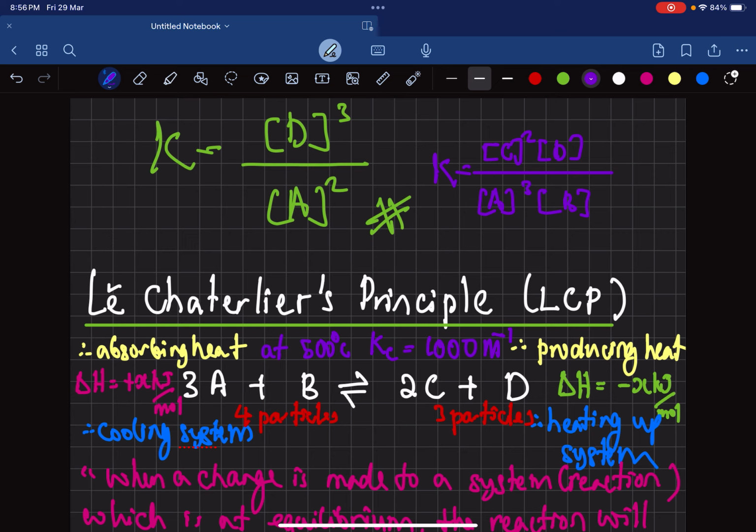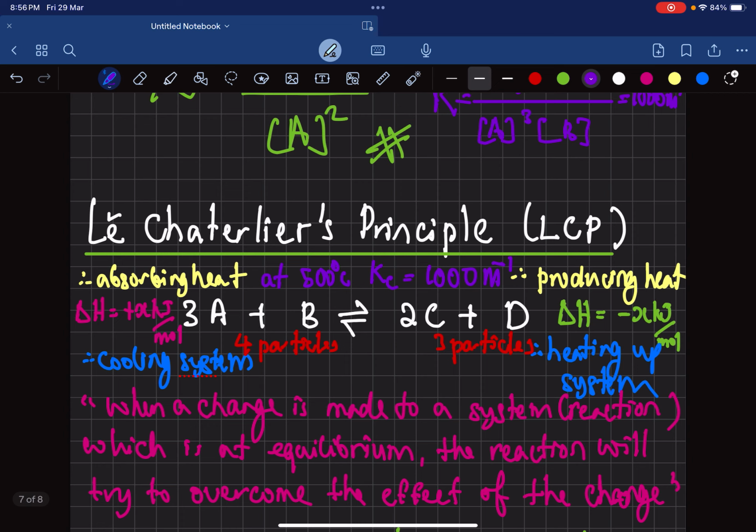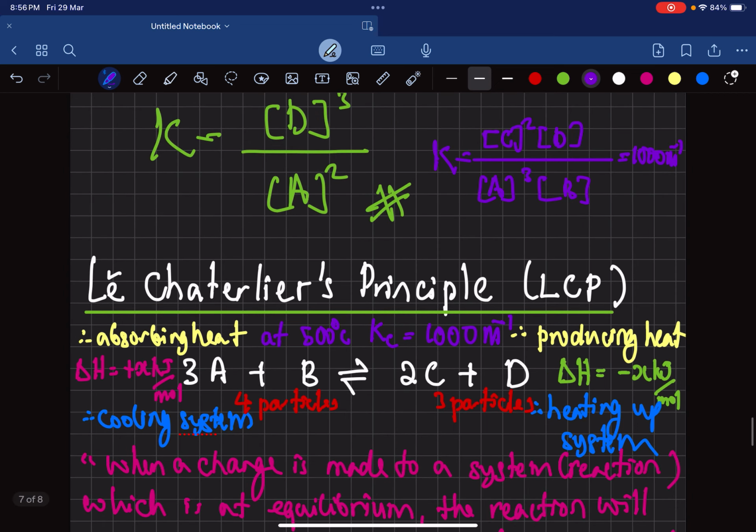Currently this value was supposedly 1000. Now if I increase the temperature of this system, it's going to favor the reverse reaction, so I'm going to get more reactants. The denominator is going to increase, so the K value will decrease. That means it will become less than 1000.